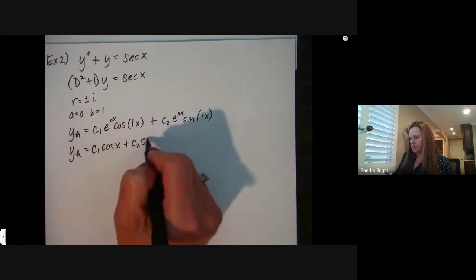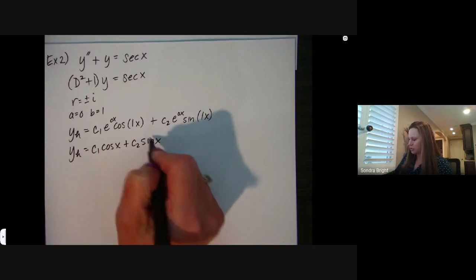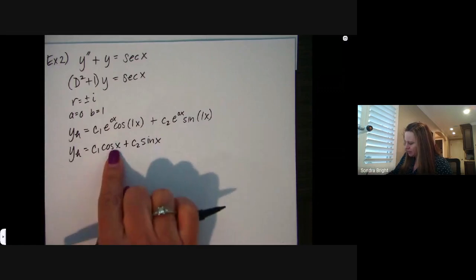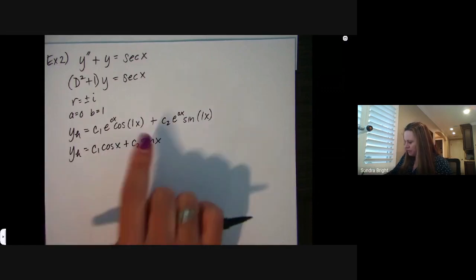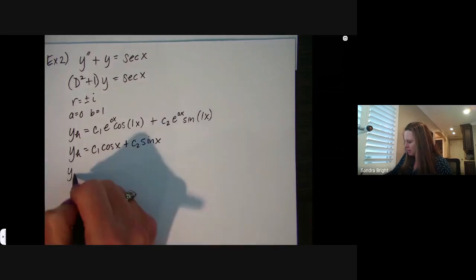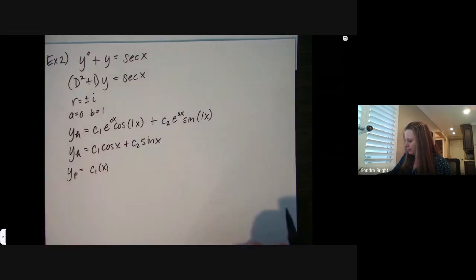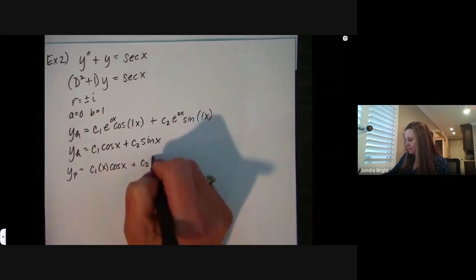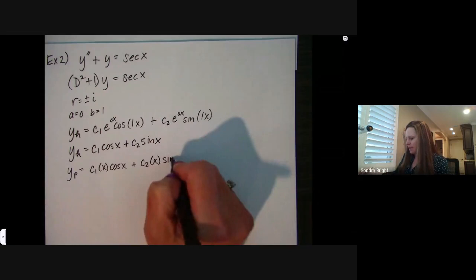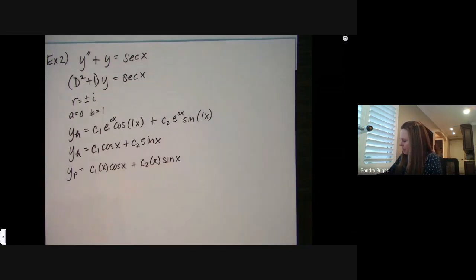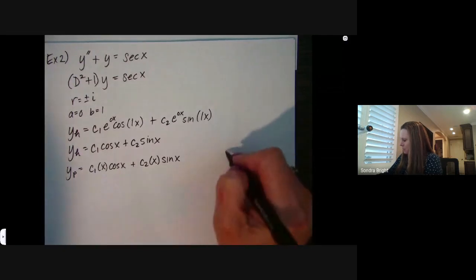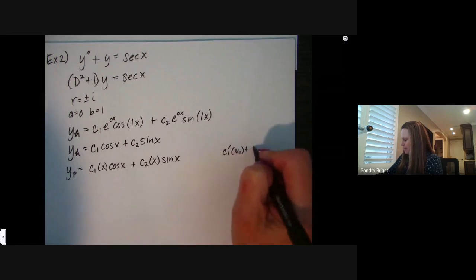Now you're treating cosine of x as your u1 and sine of x as your u2, so the particular will be some function of x, I'll call it c1 of x, times cosine of x, plus some other function of x times sine of x. Remember that we take the derivative of c1 and multiply it times u1 plus the derivative of c2 times u2 and set that equal to 0.